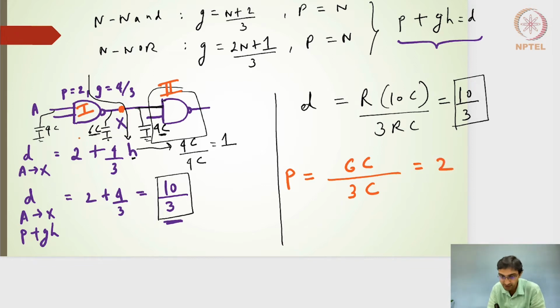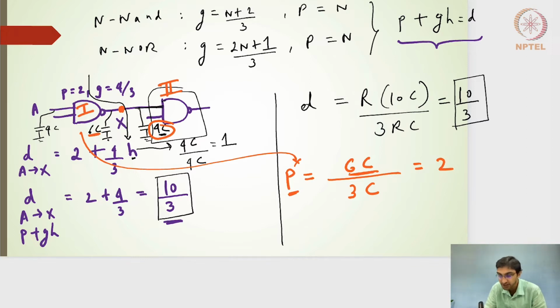So for this particular stage, the parasitics is 6C divided by 3C, which is equal to 2. Now this 6C is drawn from its own parasitics, and we have not included this 4C here. So we have not included the input of the second stage in our expression for the parasitic delay.